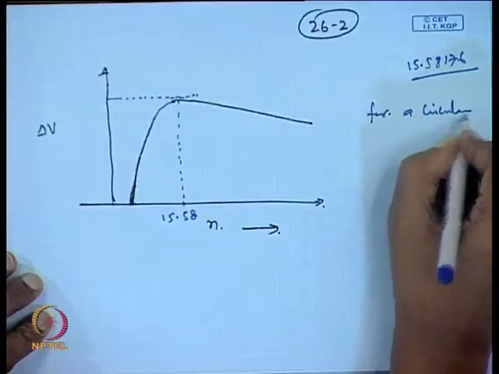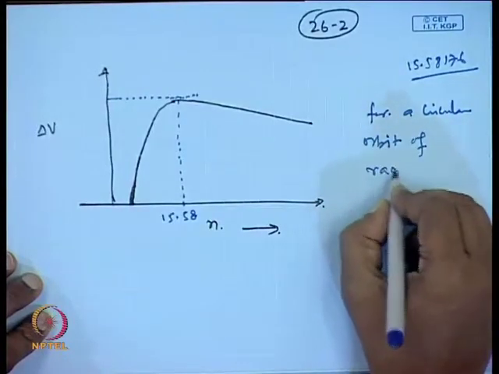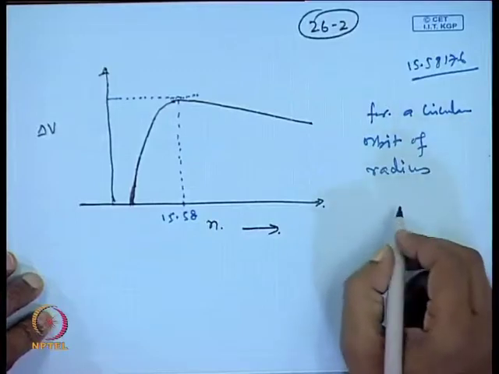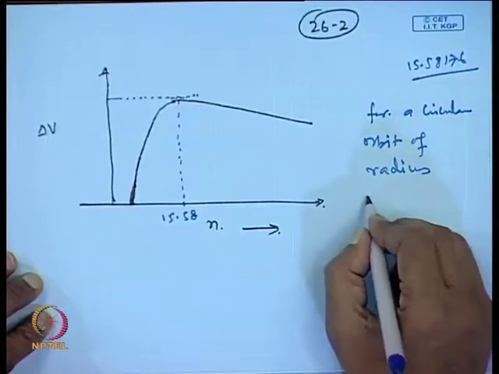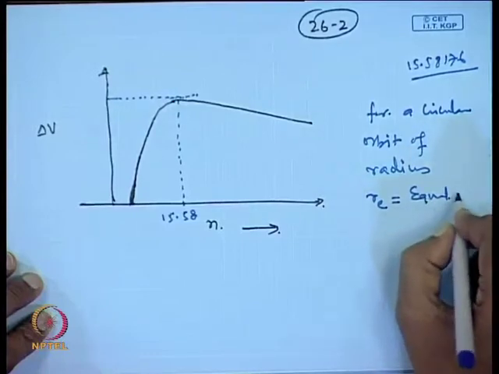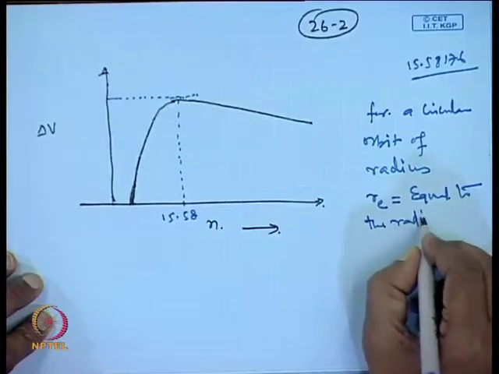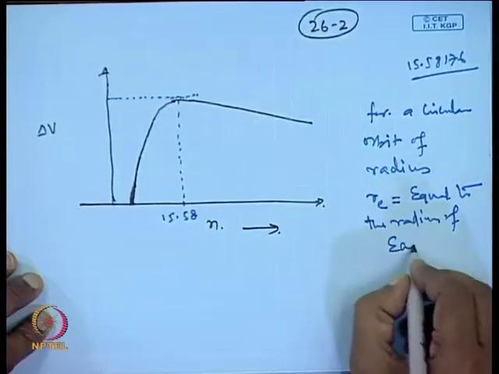circular orbit of radius r e, that is equal to the radius of the earth.